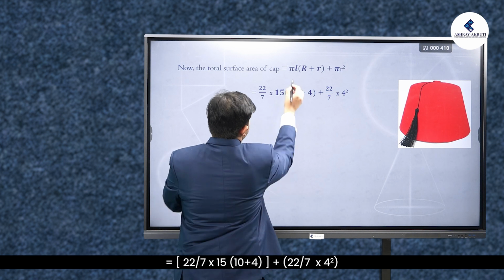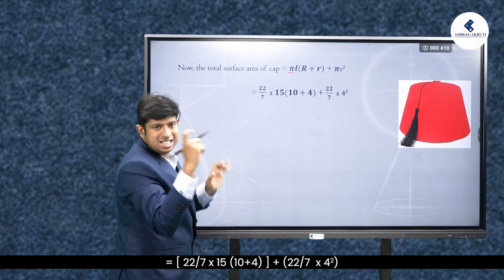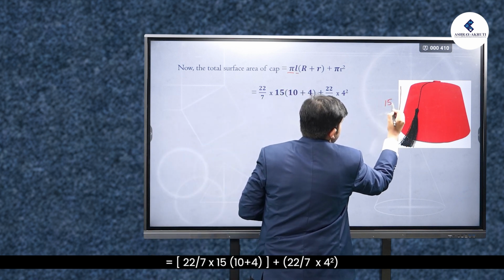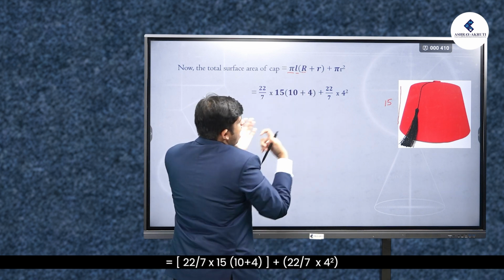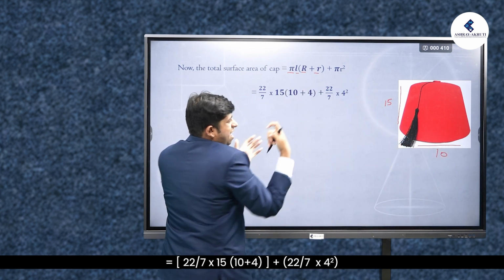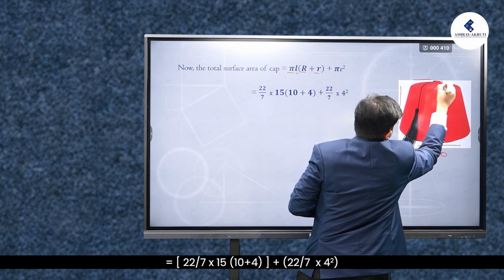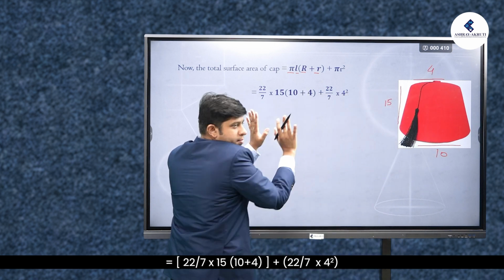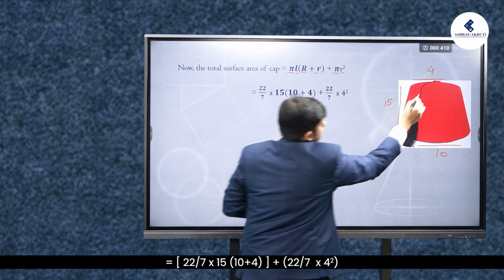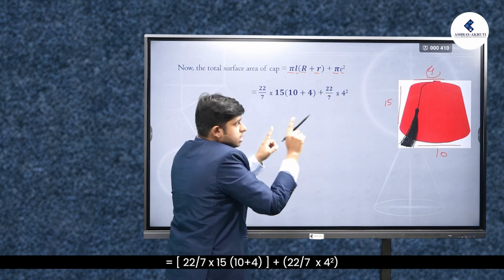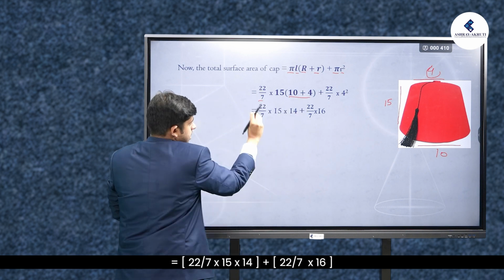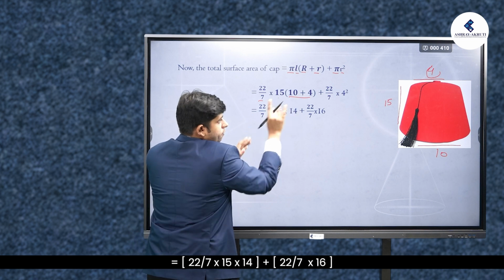That equal to 22 by 7 into 15 into 10 plus 4 plus 22 by 7 into 4 square. That equal to 22 by 7 into 15 into 14 plus 22 by 7 into 16.